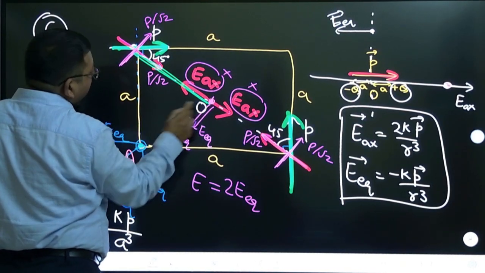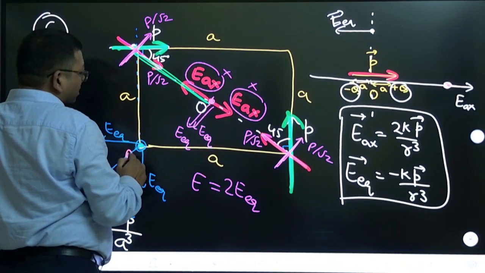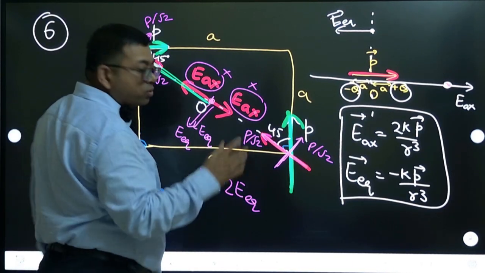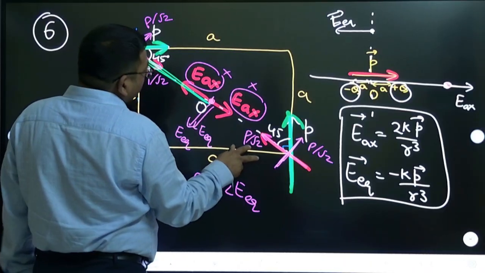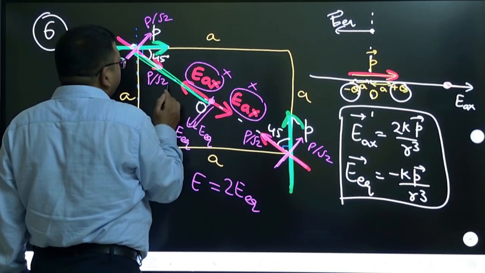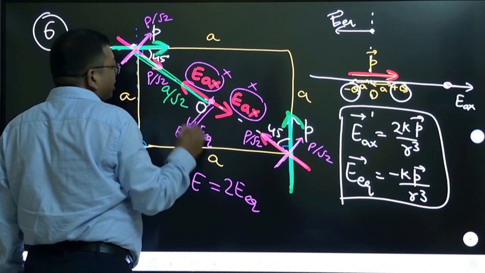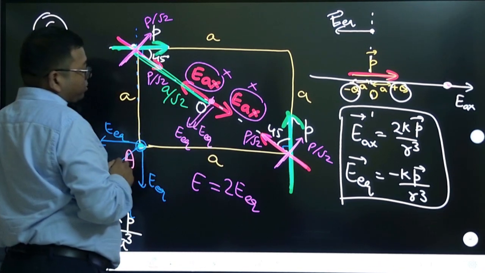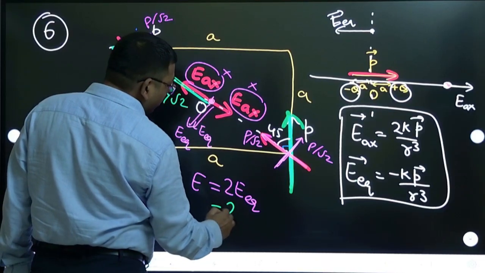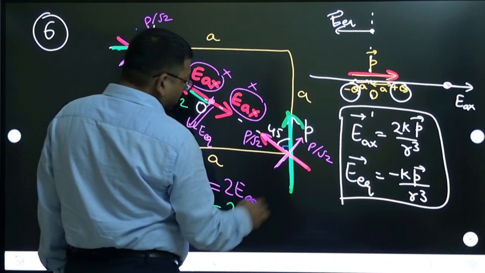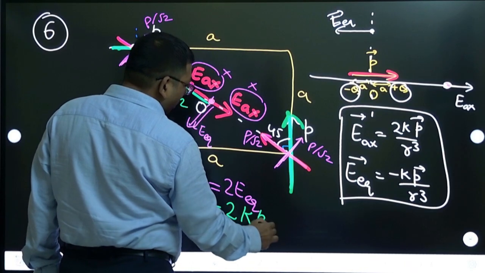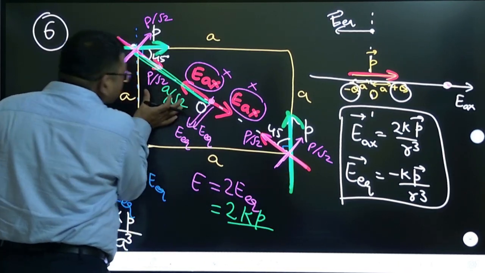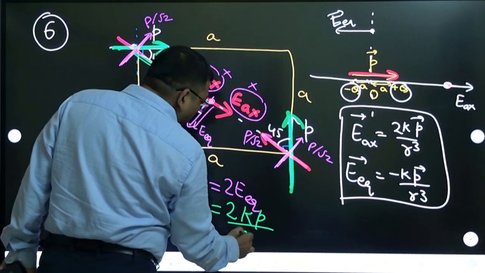This distance, because this is a diagonal, right? Diagonal is root 2 into side, so root 2a, and half of this, so a by root 2. Note that this distance is a by root 2 and this is also a by root 2. So when you are using the equatorial formula, 2 times kp by r cube. R means this one, a by root 2 whole cube.